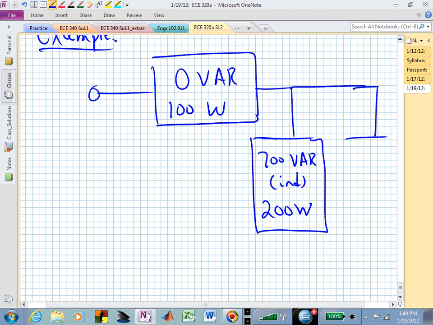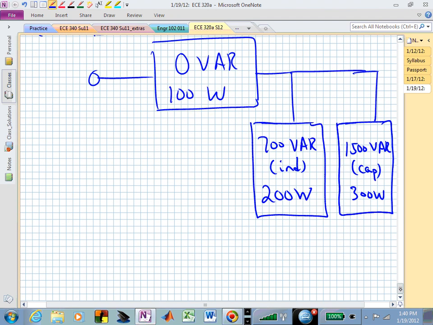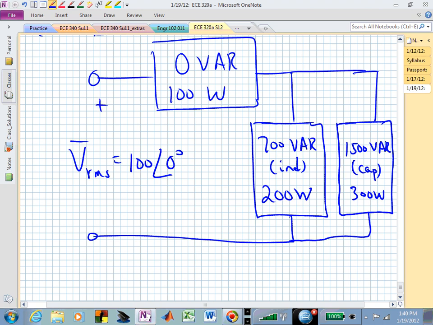And let's say that this third load is 1500 VARs, capacitive, 300 watts. Whoops. And maybe this voltage is 100. So this is load 1, this is load 2, and this is load 3.